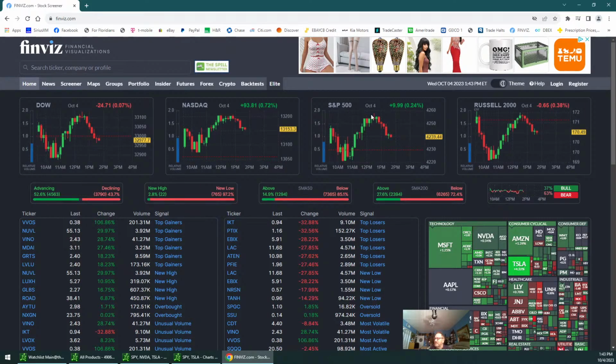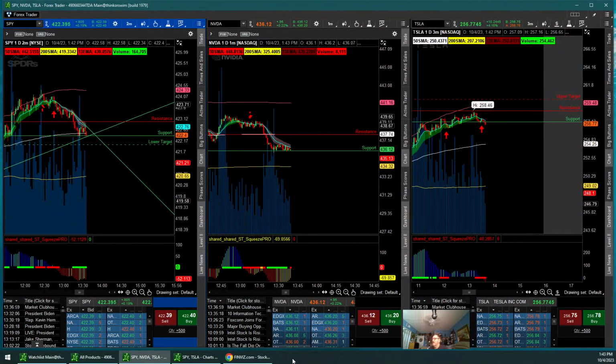My NASDAQ is still in the positive. That's your S&P 500, and your Dow is down below at 24. Now, Dow is your majority of stocks. The S&P is just your top 500, okay? And right now, the Dow looks a little weak, and the S&Ps look like they've just got a little bit of strength because of the top stocks.